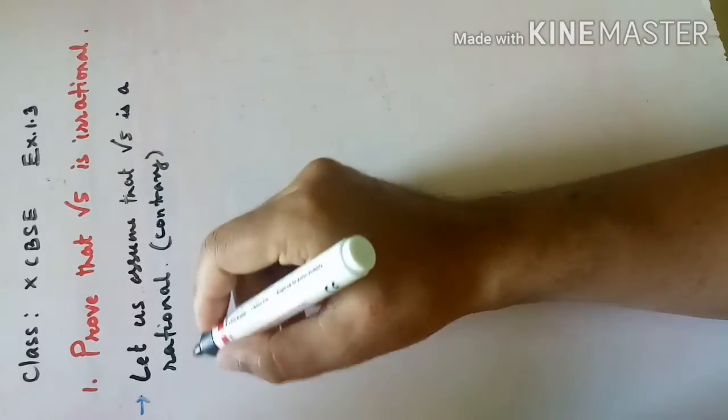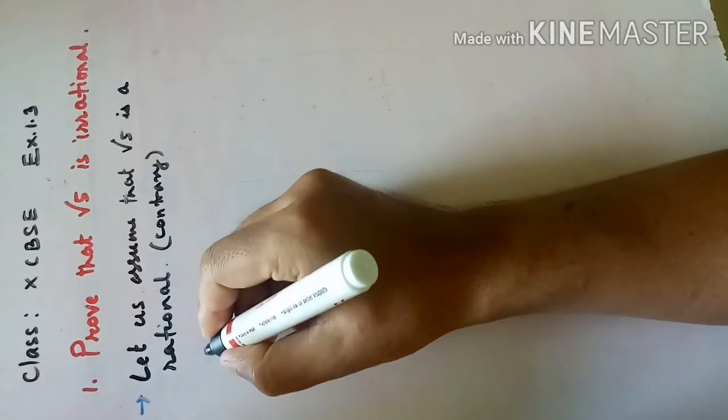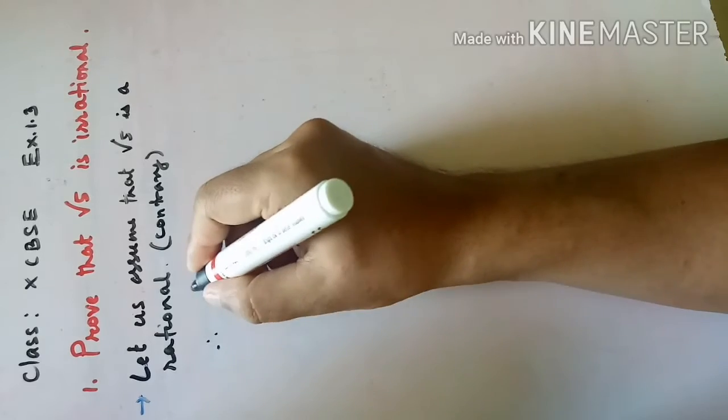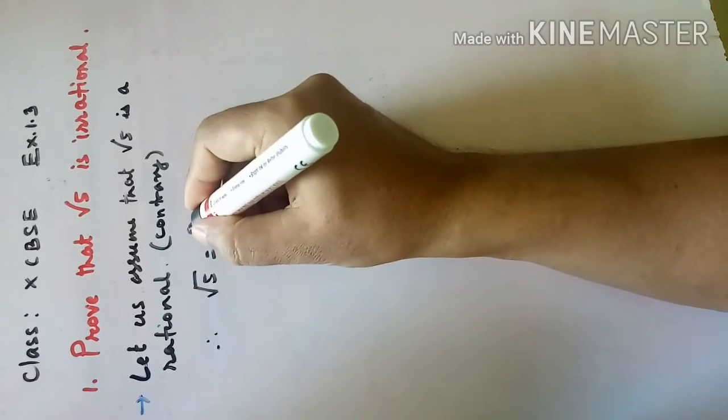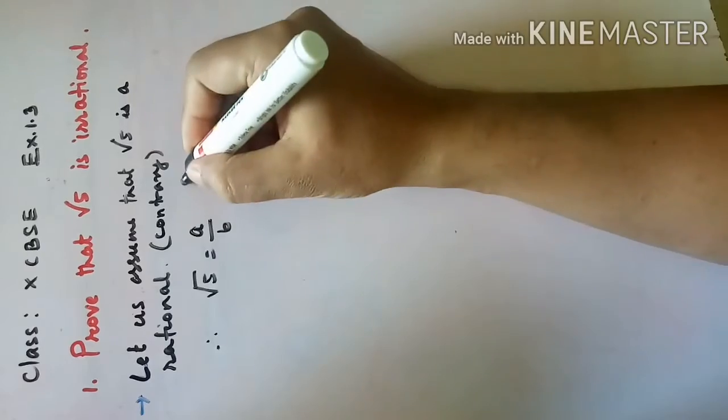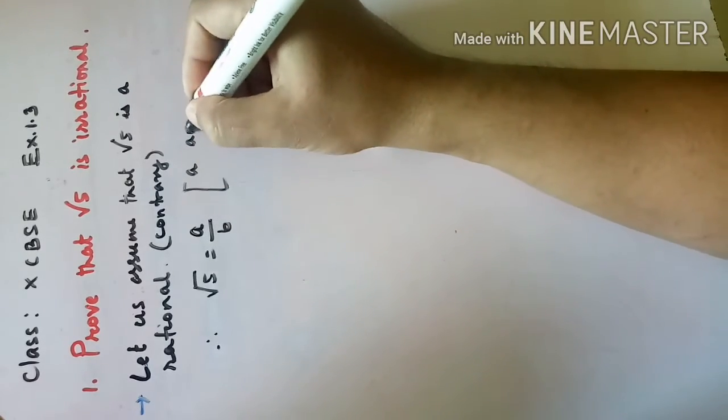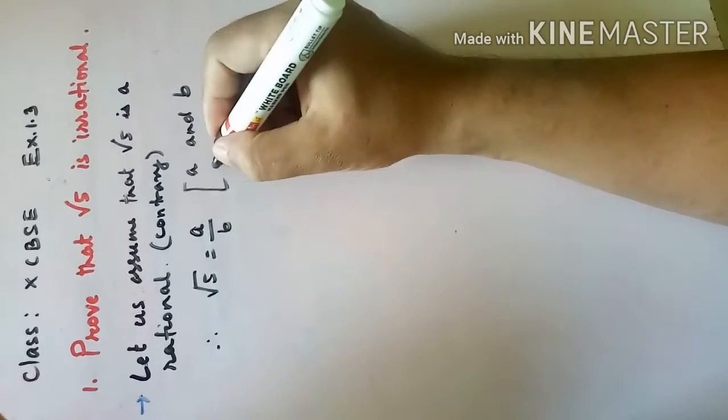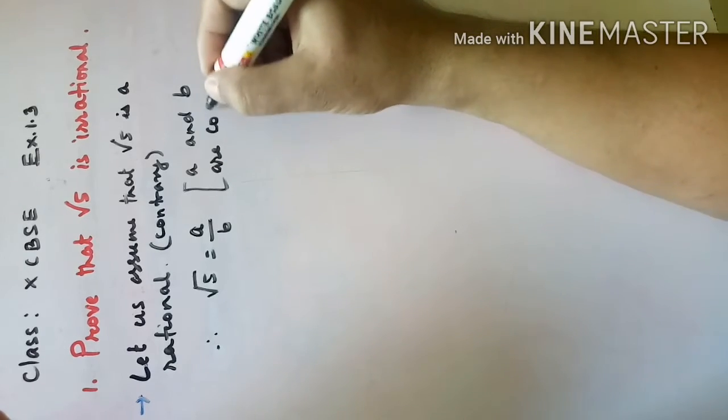Let us see now. Root 5 is a rational number. Therefore root 5 can be written as a by b, where a and b are co-prime.